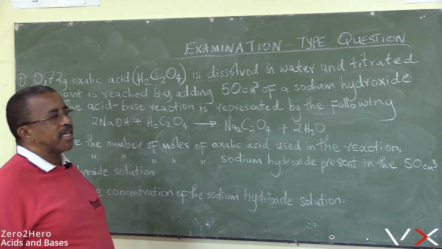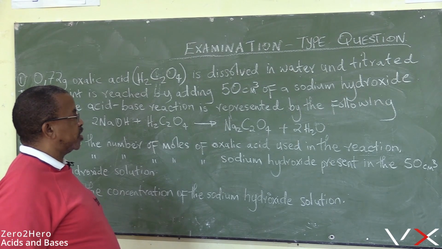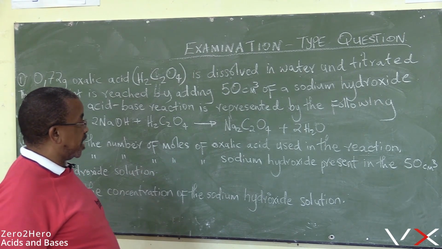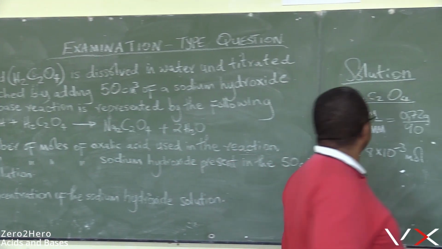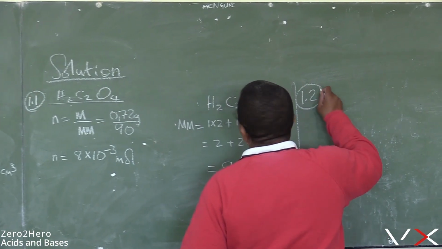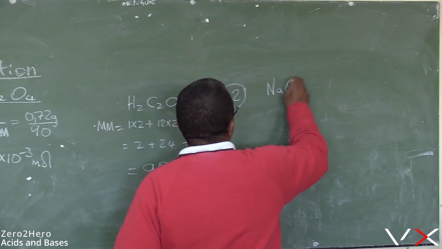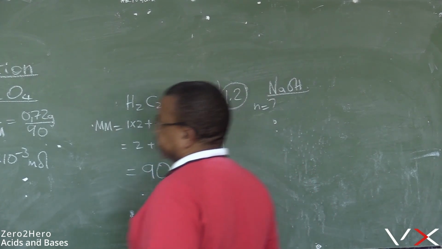Sodium hydroxide neutralize yonke oxalic acid. So sifuna ukuchecka ukuthi ama number of moles angakanani aku 50 sodium hydroxide. Then we have 1.2, then sifuna sodium hydroxide, sifuna number of moles ukuthi mangakanani.